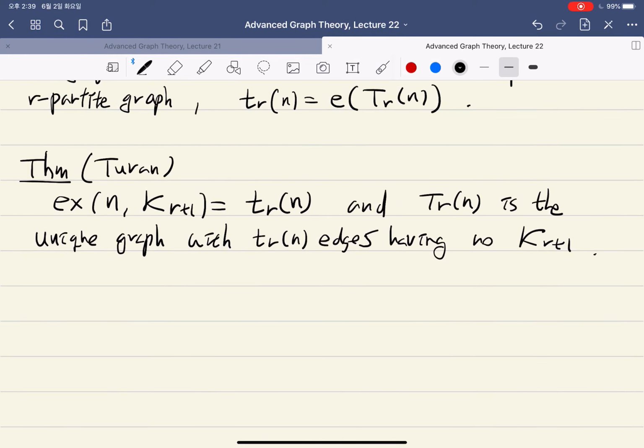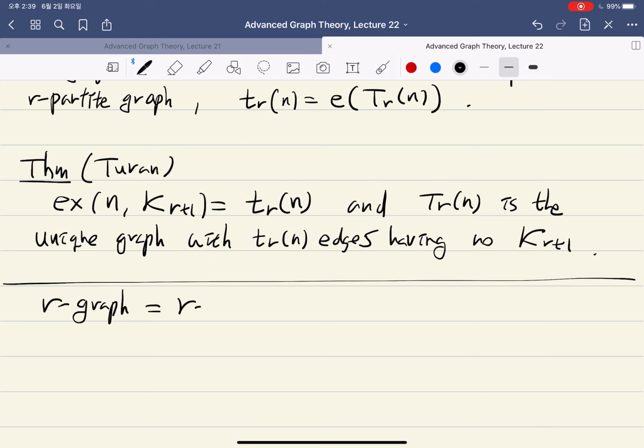And we can generalize this to hypergraphs. So we write r-graph, meaning that it is an r-uniform hypergraph.